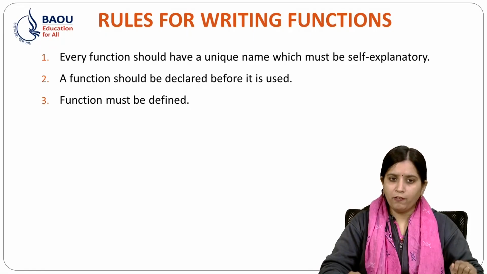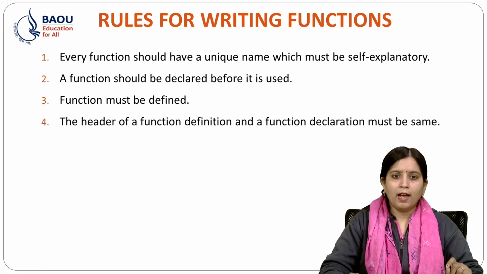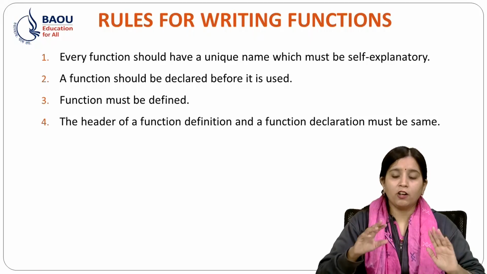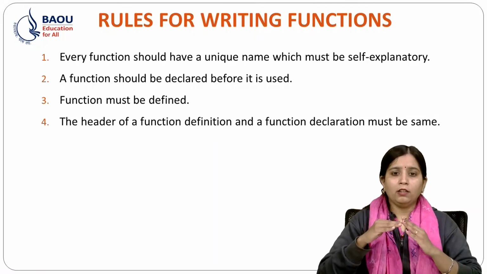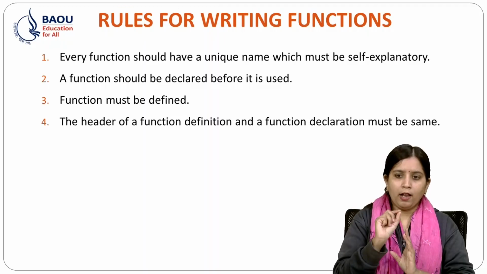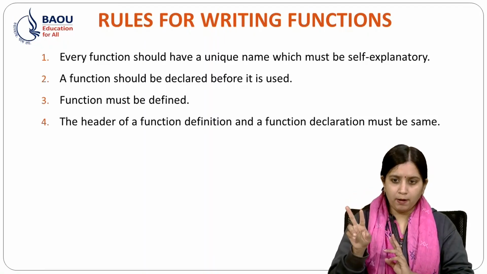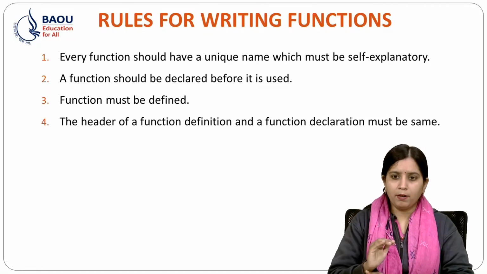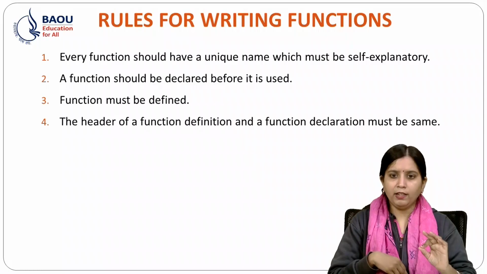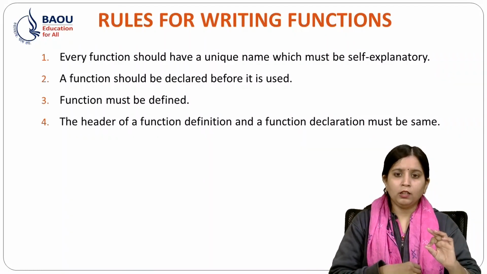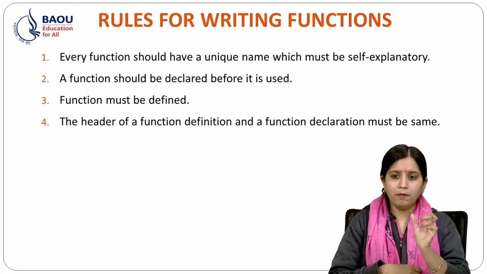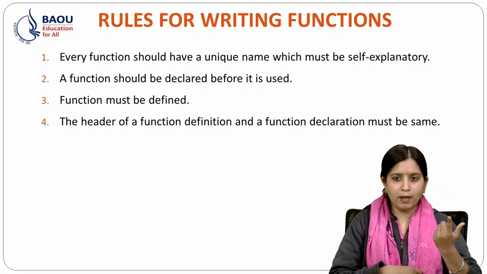Function must be defined. The header of a function definition and function declaration must be the same so that the compiler might not get confused. If I have an add function which has two parameters and another add function which does not have any parameters, then whenever I define that function, I should write the same prototype in the declaration also.